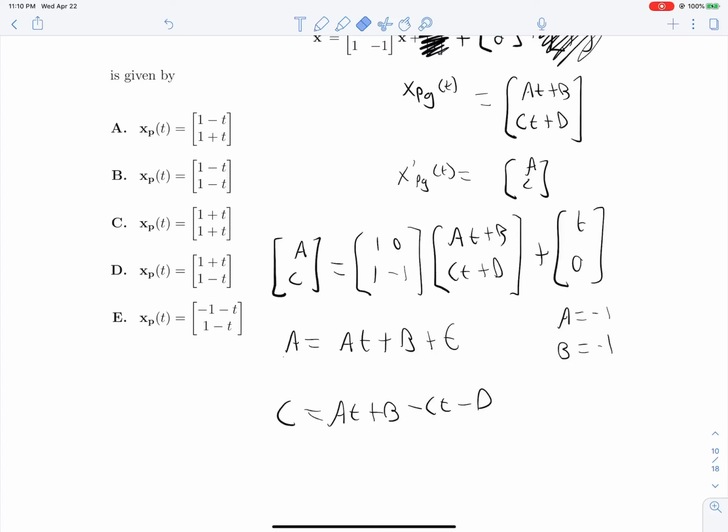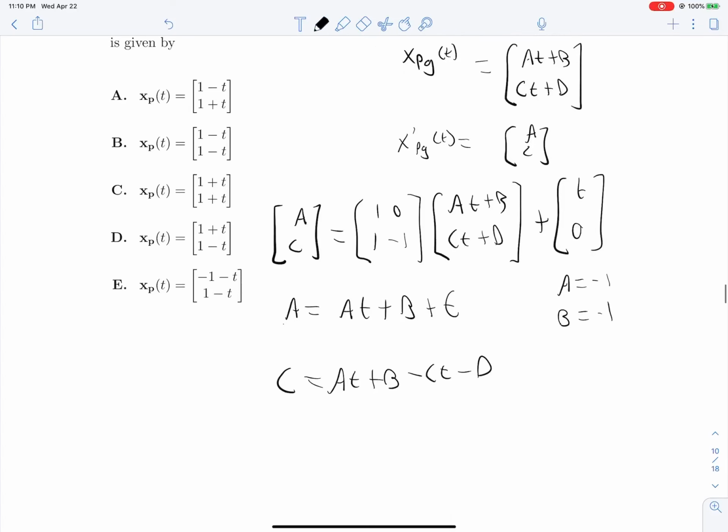Going down here with this knowledge, we can replace a with negative 1 and b with negative 1. So we have c is equal to negative t minus 1 minus ct minus d.